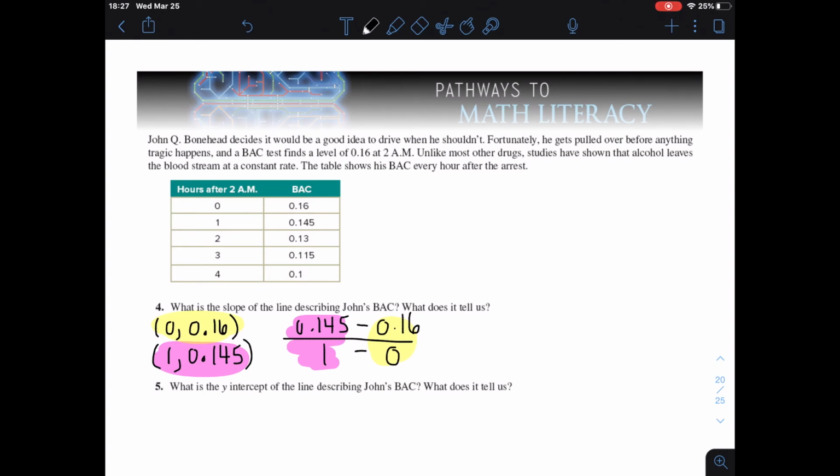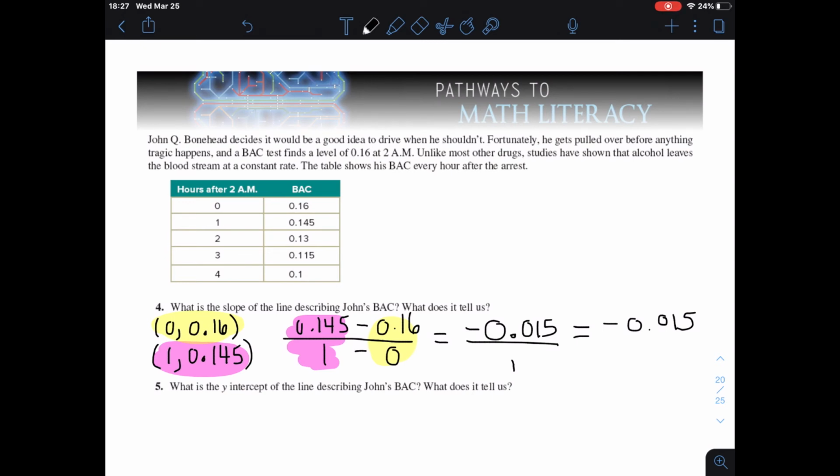So if you take 0.145 and subtract 0.16, you're going to get negative 0.015 over 1. So this is negative 0.015. So it's negative because it's decreasing.